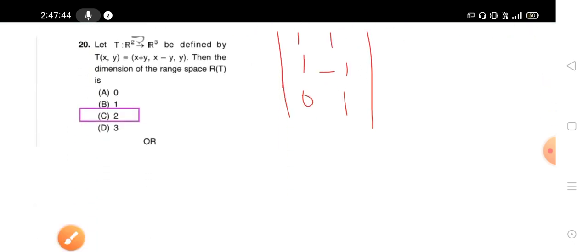Next question. Let T from R2 to R cube be defined by T of (x, y) equal to (x plus y, x minus y, y).